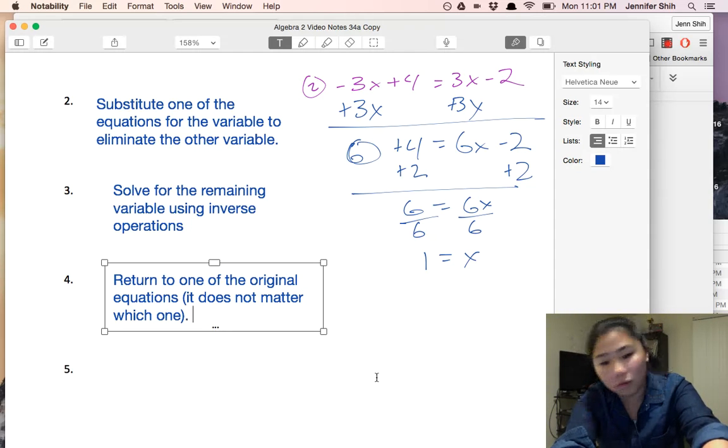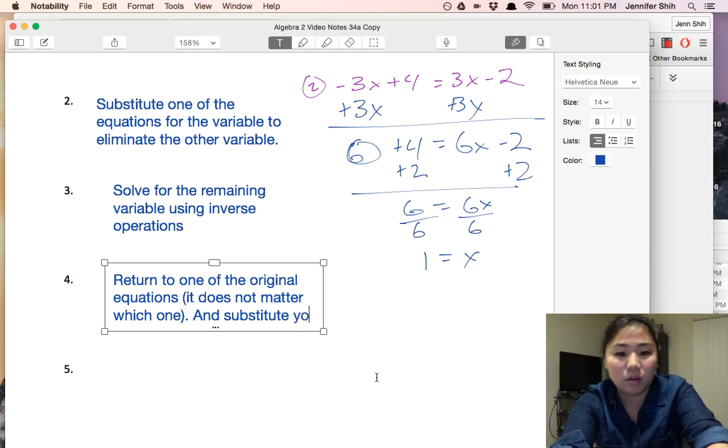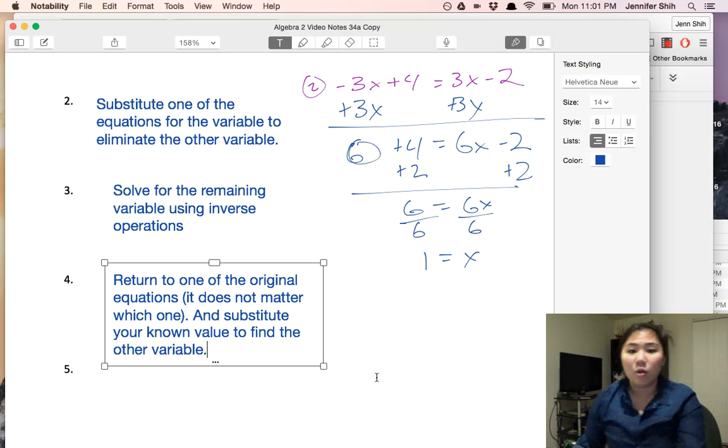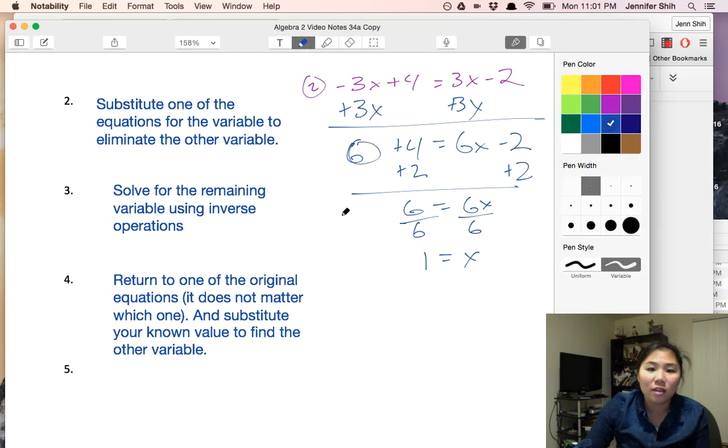We're going to substitute your known value to find the other variable. In this case, we know what x is, which means we need to substitute in our value for x. This is step number 3.